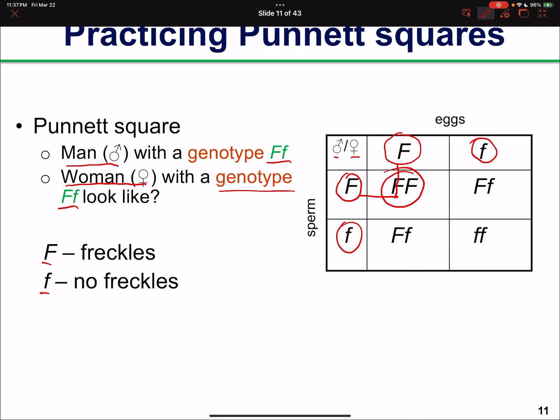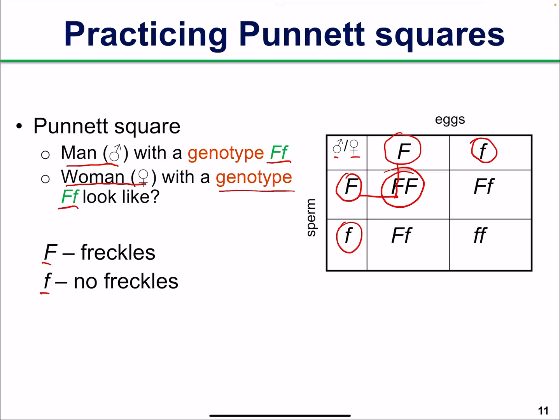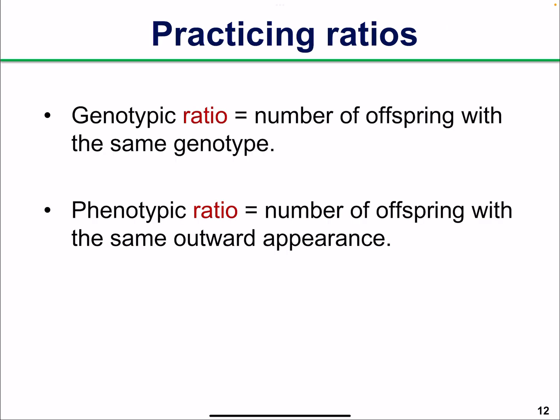Okay, so now we are going to cross the sperm with this egg so that we have this genotype, right? We're going to do the same thing. This sperm and this egg, we have this genotype. This sperm here and this egg here, we have this genotype, right? This is how we do a Punnett square. All right, let's move on.